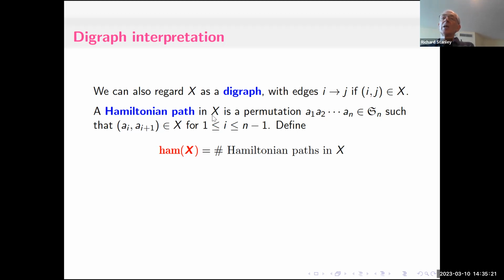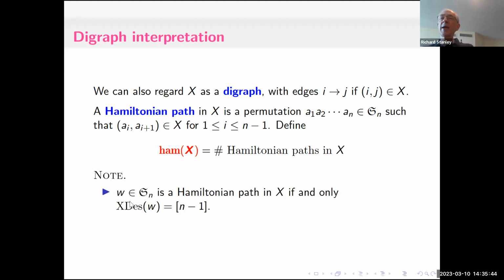So, in other words, a Hamiltonian path is just a permutation whose X descent set is 1 up to n minus 1. Every pair is an X descent. Let ham X be the number of Hamiltonian paths in X. Okay, so I'm repeating this observation: W is a Hamiltonian path if and only if its X descent set is everything.